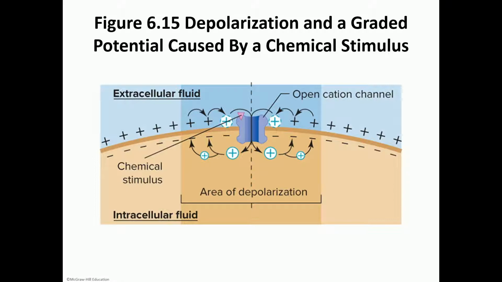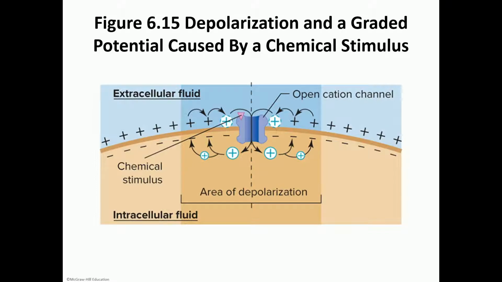If we do not reach the -55, then this will remain as a localized graded potential. Okay, so again, it's all about how much sodium entered the cell. If the amount of sodium entered changed the potential on the inside of the cell from -70 to -55, that will lead to a full action potential.